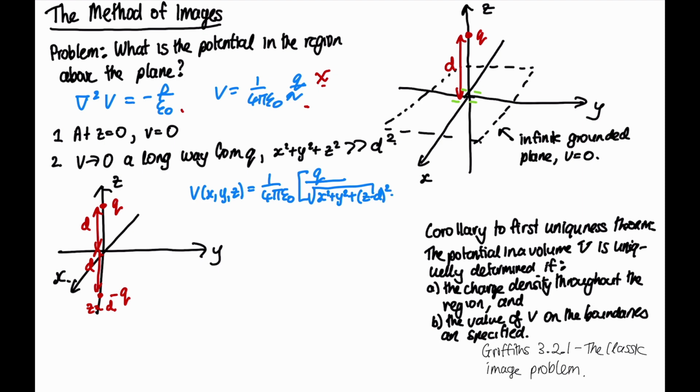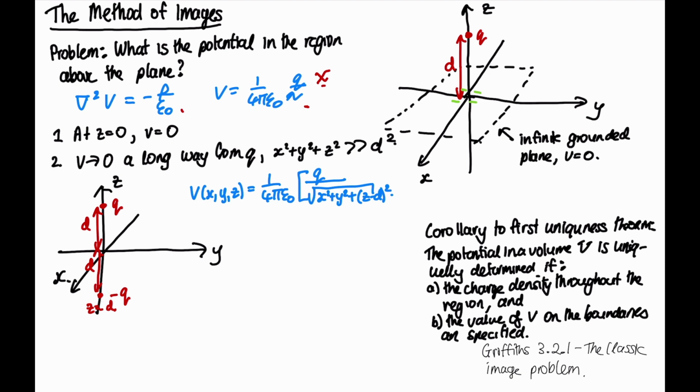So that's this thing here. This thing here is the distance from any point to this charge here, which is this curly r thing here. And then we also need to add on the contribution from this charge down here.